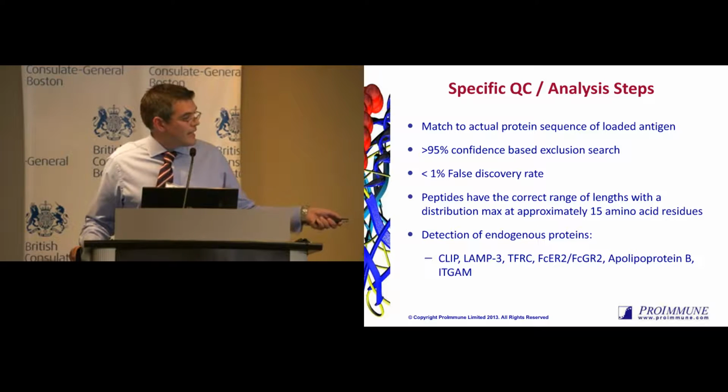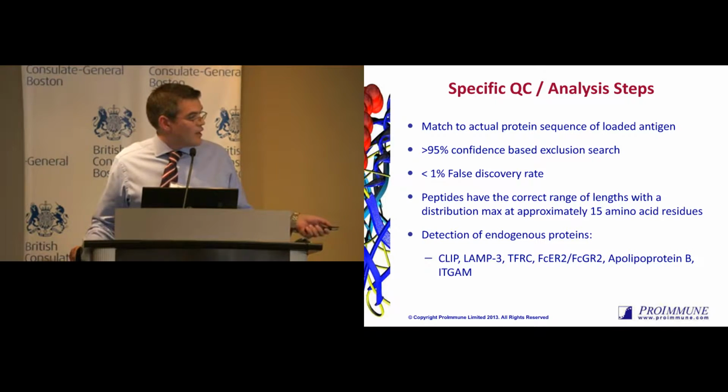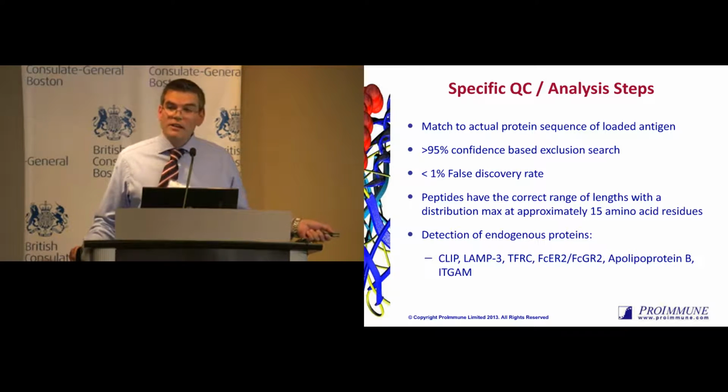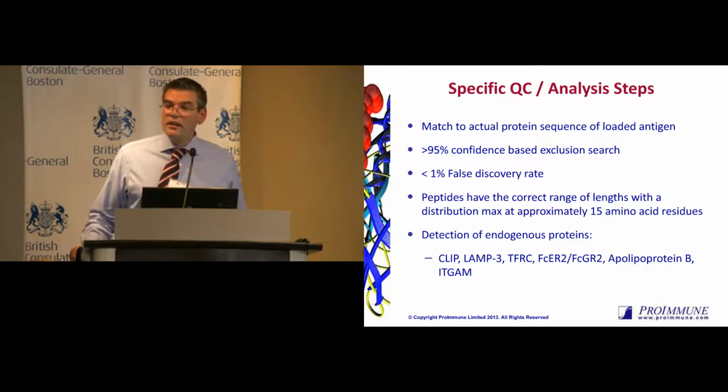We also look particularly at the detection of endogenous housekeeping proteins, and these are listed here. So for MHC class II antigen presentation, we have this panel of CLIP, LAMP3, TFLC, FC receptors, apolipoprotein B, and ITGAM. Peptides from 3 out of these 6 housekeeping proteins have to be detected in the donor for that donor to be accepted into the assay.